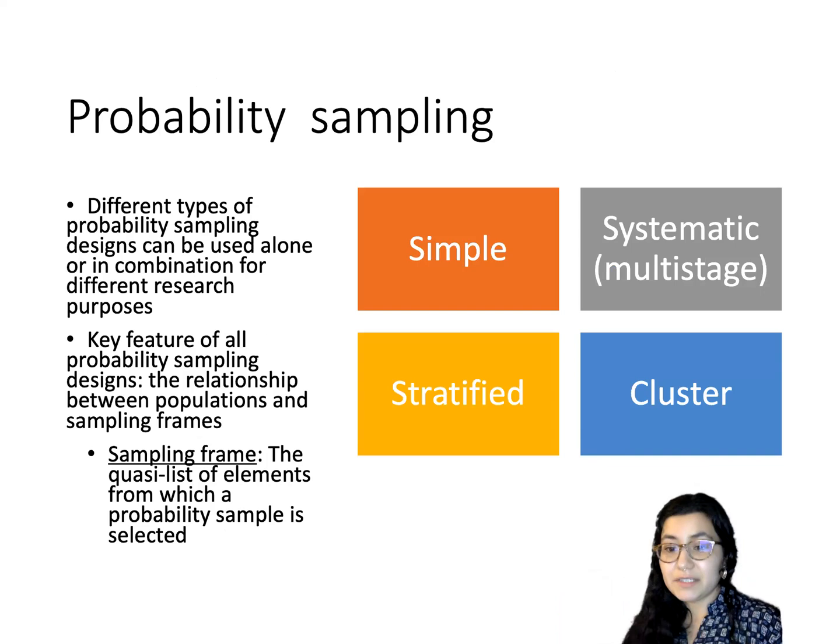So EPSEM is maintained through probability sampling, and these four types of sampling ensure that EPSEM is there and ensure that we can understand a certain amount of error and confidence in our results. And so these can be used alone or in combination, but the key feature is that the relationship between populations and sampling frames holds up to these theoretical assumptions.